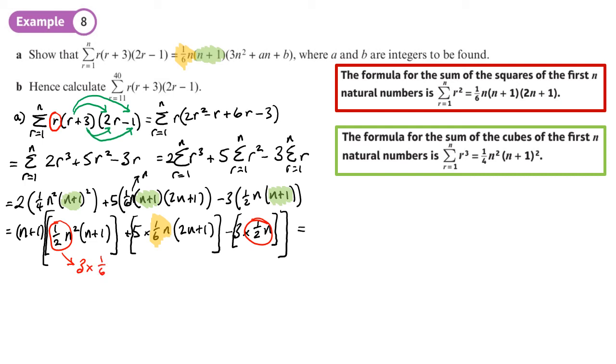So I'll need to put a 3 somewhere else. Yeah, a half is 3 times the 6. So I need to put a 3 somewhere else to make it all balance.